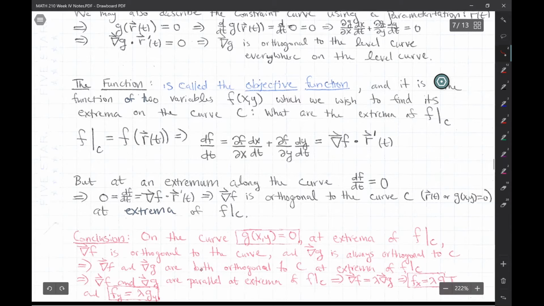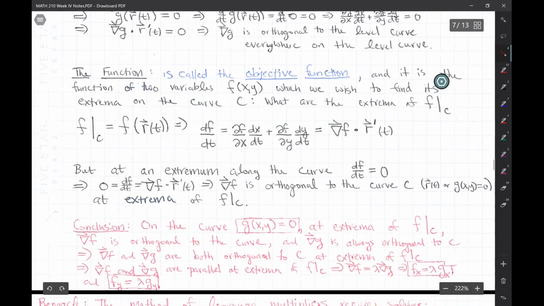And so that means if they're both orthogonal, they're both parallel at the extrema, which means you could write the gradient of f as some scalar multiple of the gradient of G, since they're parallel.